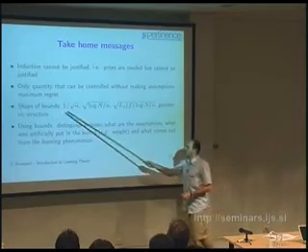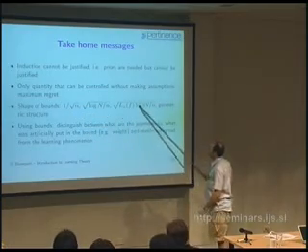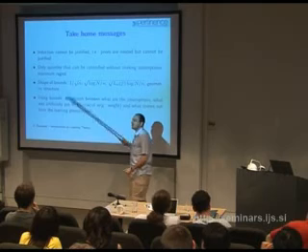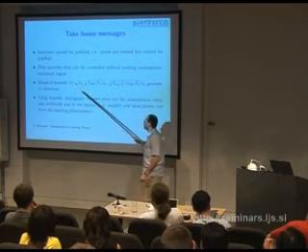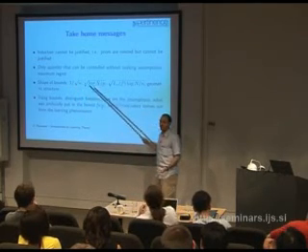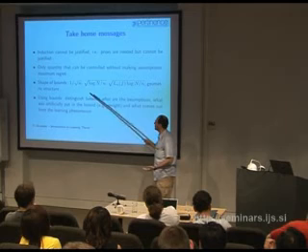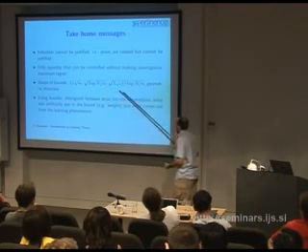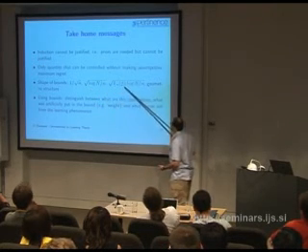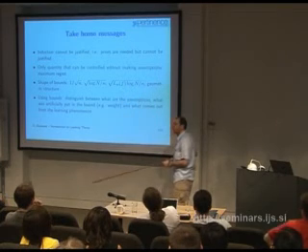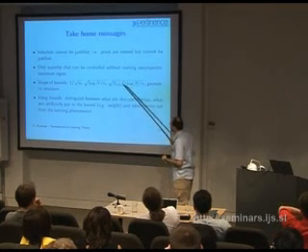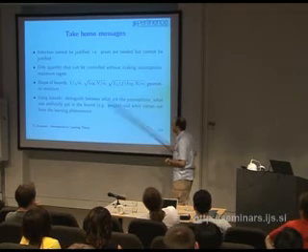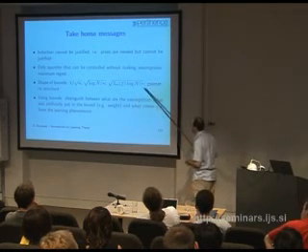Now, in terms of the shape of the bounds, here are the three things that you should remember. For one fixed function, you usually get a rate of order 1 over square root of n. If you have n functions and you don't know anything about them, you get this extra log n factor. If you use the variance and are able to bound the variance by the expectation, you get something like this, so you can improve this quantity a little bit.